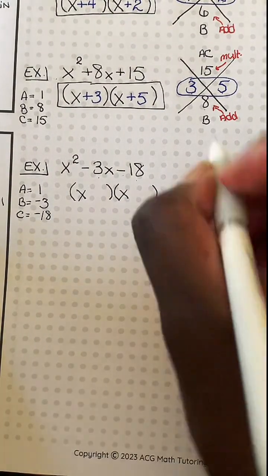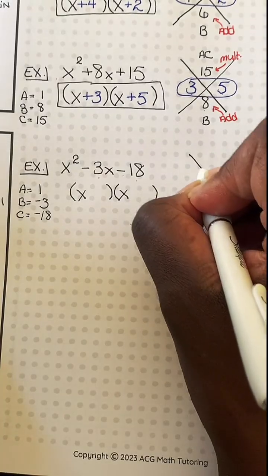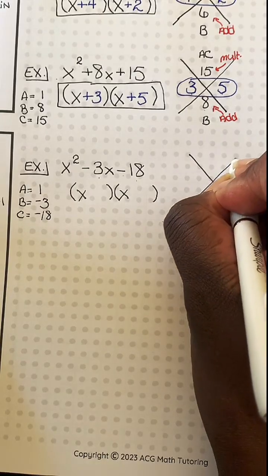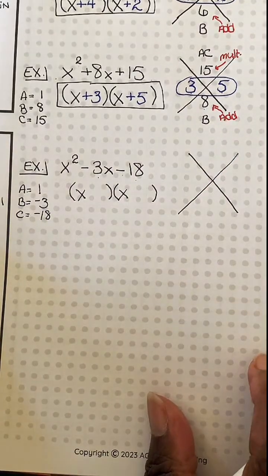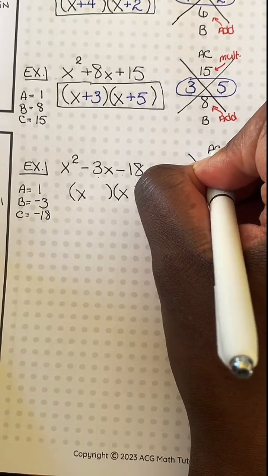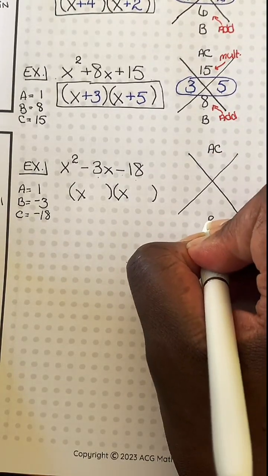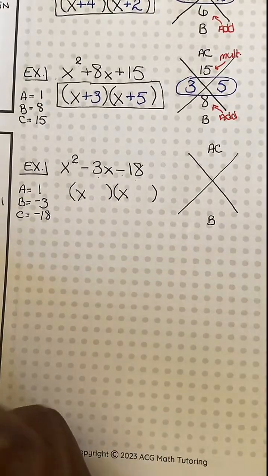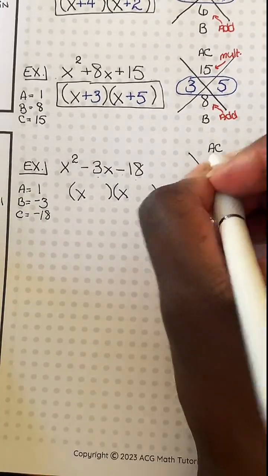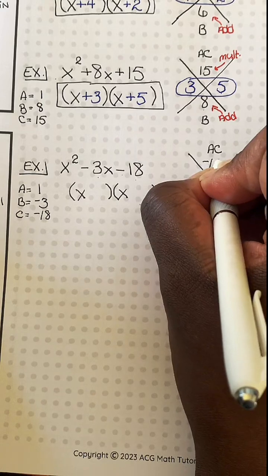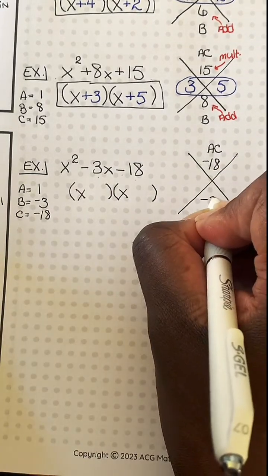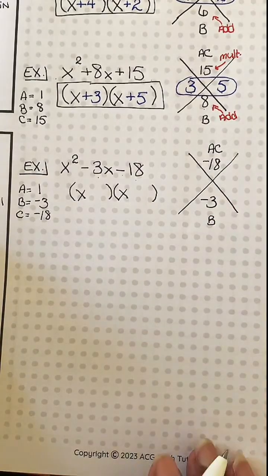So now, to help me figure out what the other factors are going to be, I'm going to multiply the A and the C and rewrite our B. So the A and the C is 1 times negative 18, which gives me a negative 18, and rewrite my B, which is a negative 3.